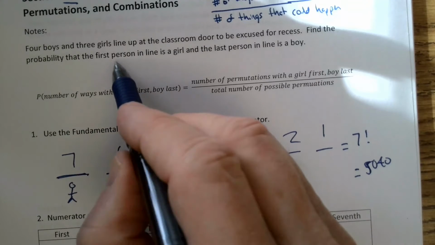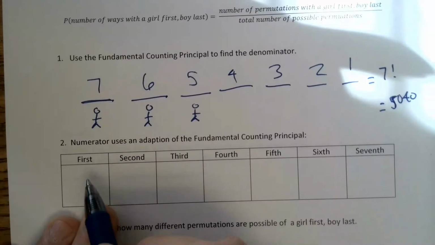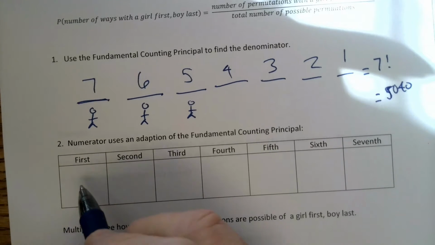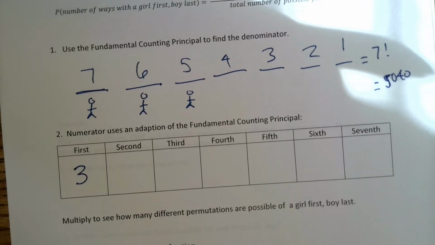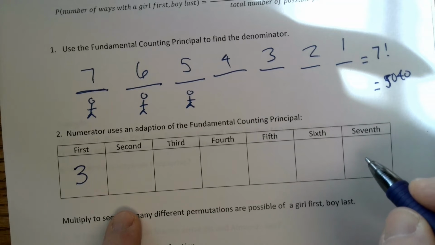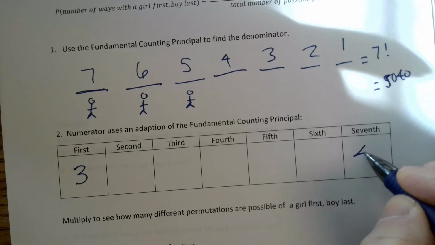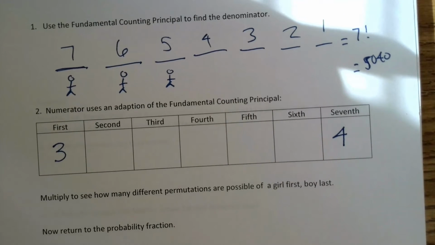Okay, so the numerator: the first person in line is a girl. How many girls are there? There are 3 girls. It doesn't matter which girl, but one of those 3 needs to be first. And then the last person in line needs to be a boy, so there's one of the 4 boys there.